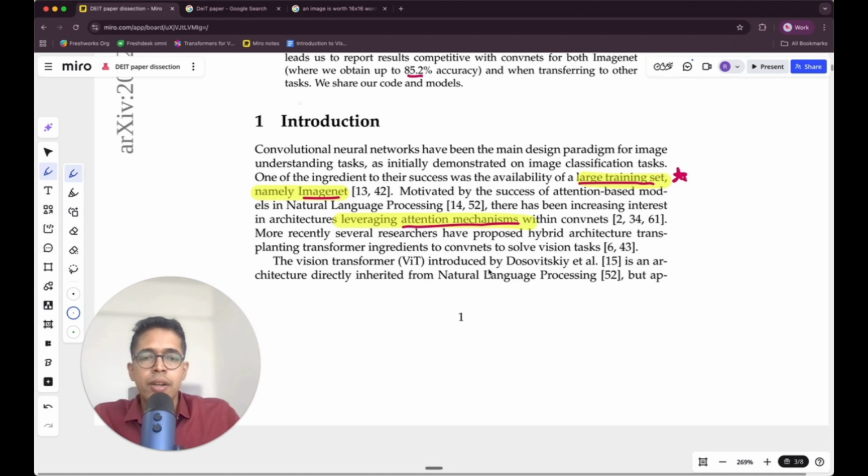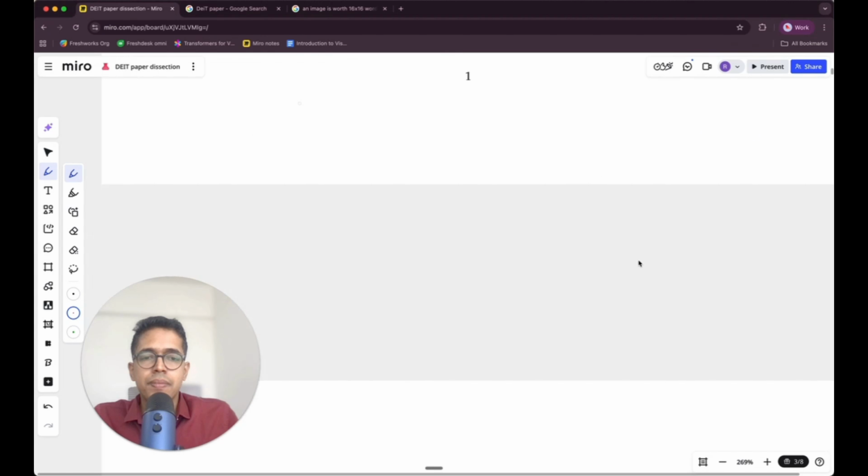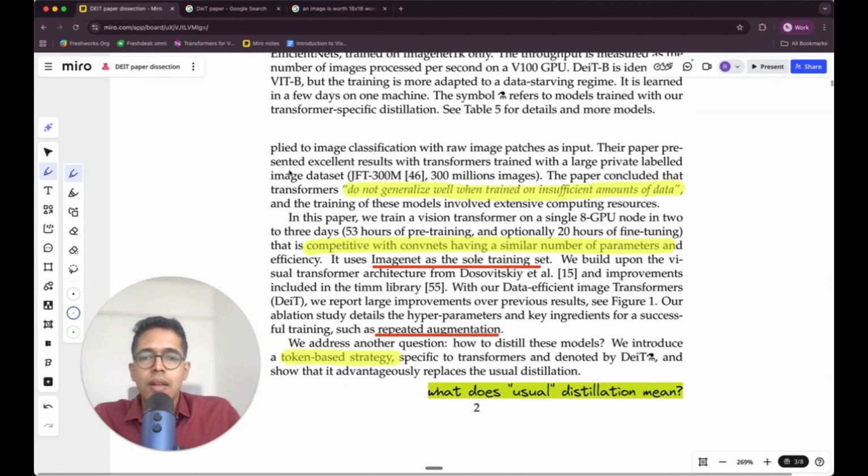The vision transformer introduced by Dosovitskiy, I hope I am pronouncing the surname correctly, if not, please excuse me, is an architecture directly inherited from NLP, but applied to image classification with raw image patches as input.